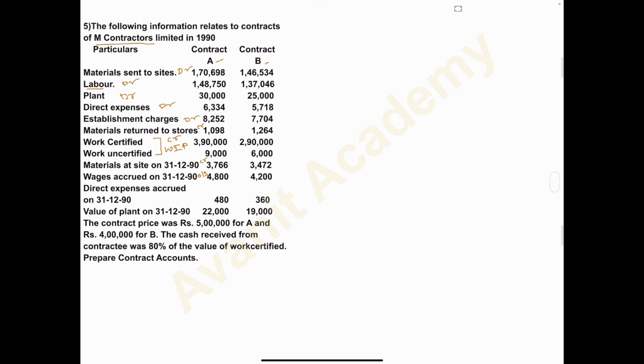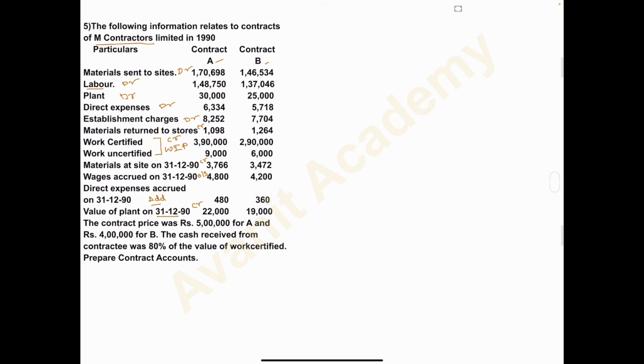Direct expenses accrued on 31st December. It is to be added to direct expenses amount. Value of plant on 31st December. This is the closing value of plant. It is to be written on the credit side of the contract account.